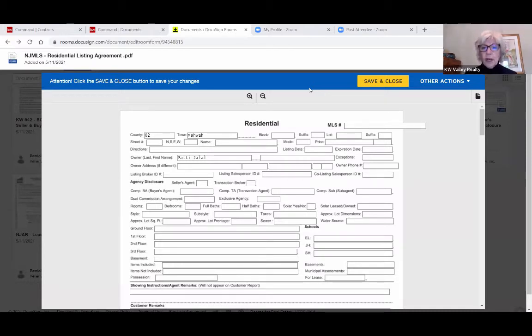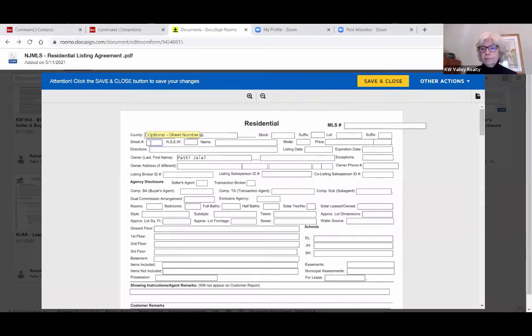You should also confirm their taxes with them. So you do block, and if the block has a suffix, or in the lot, and if the lot has a suffix. For example, it might be lot 10.2. The .2 would be the suffix.